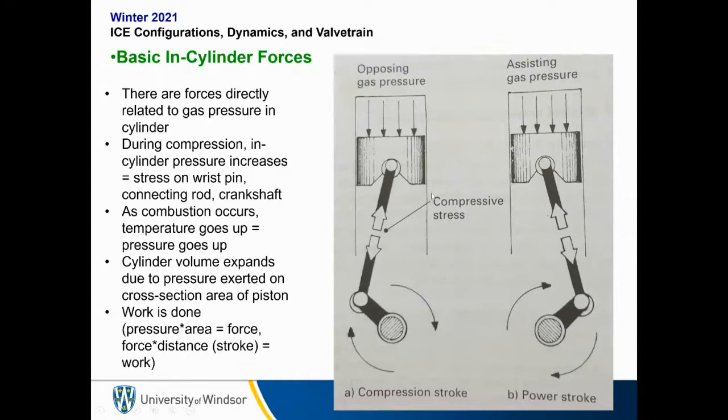And then the work coming out of this power stroke is just equal to pressure times area, or force times the distance, which is the stroke, and that's going to give us the work. So we can actually calculate the work done from the assisting gas pressure during the power stroke. So the main point here: gas pressure opposes during compression and assists during the power stroke.